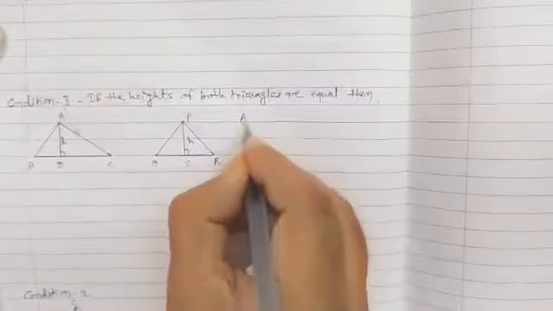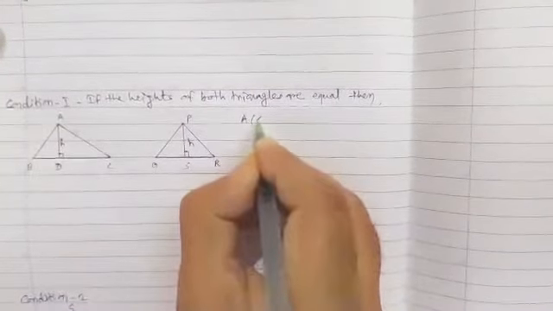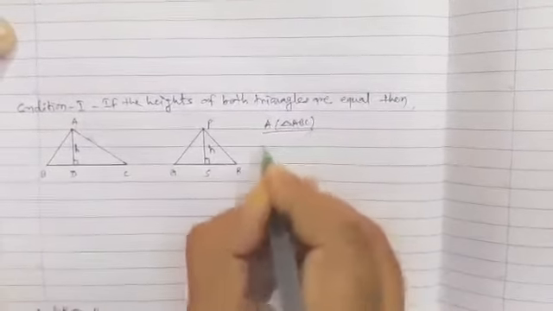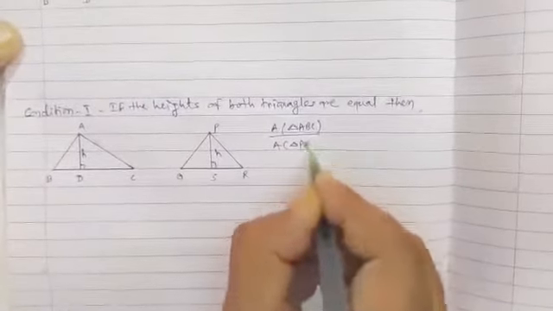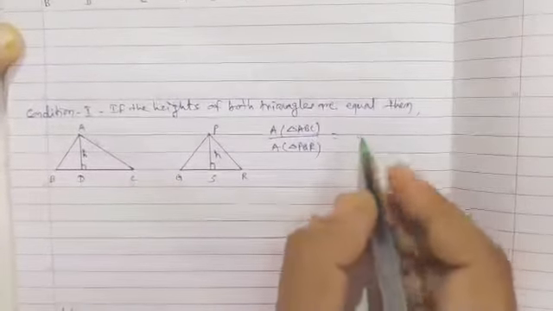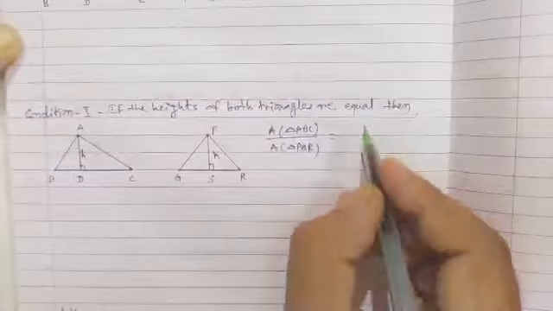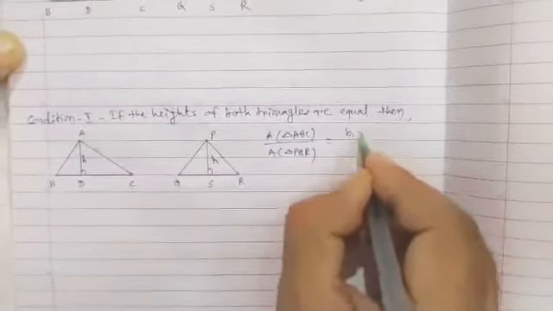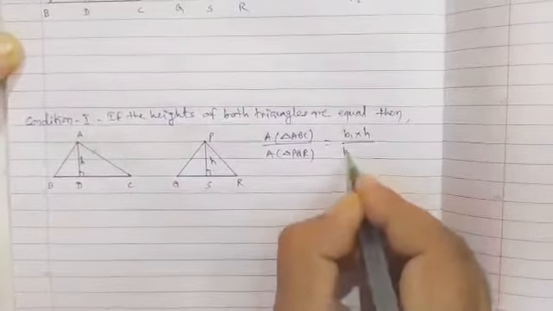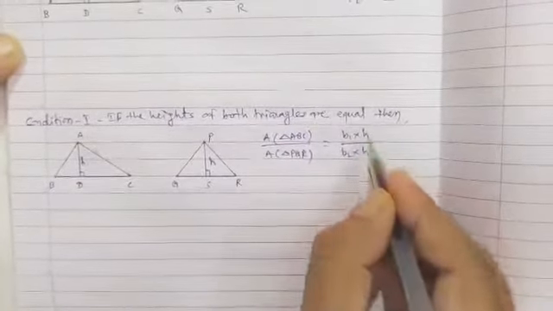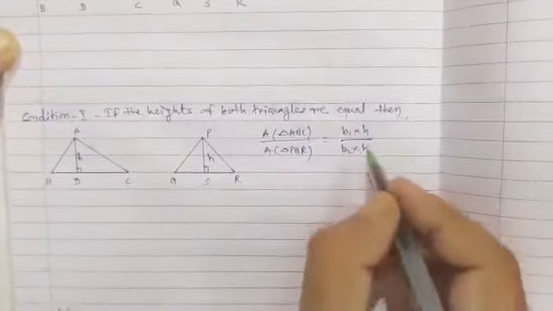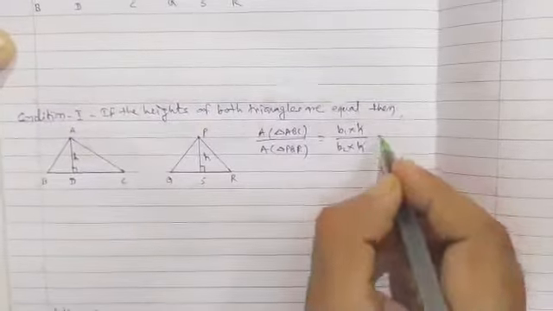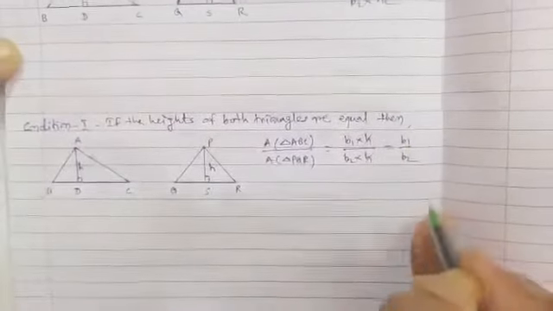We know the ratio of the area of triangle ABC divided by area of triangle PQR is equal to, from the first equation, B1 into H divided by B2 into H. Because H is the same, H gets cancelled, then we get B1 by B2.